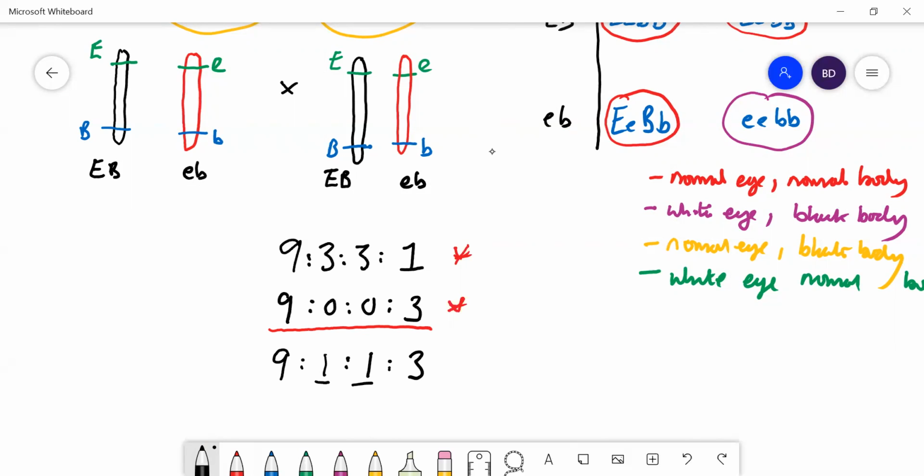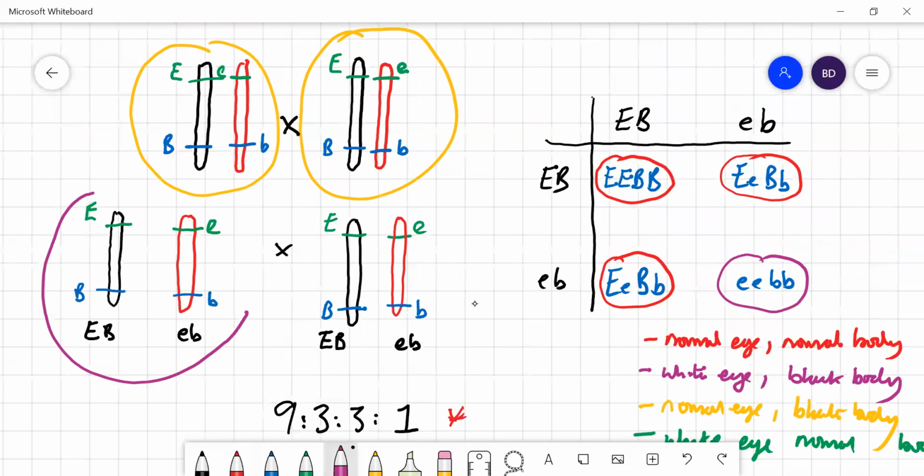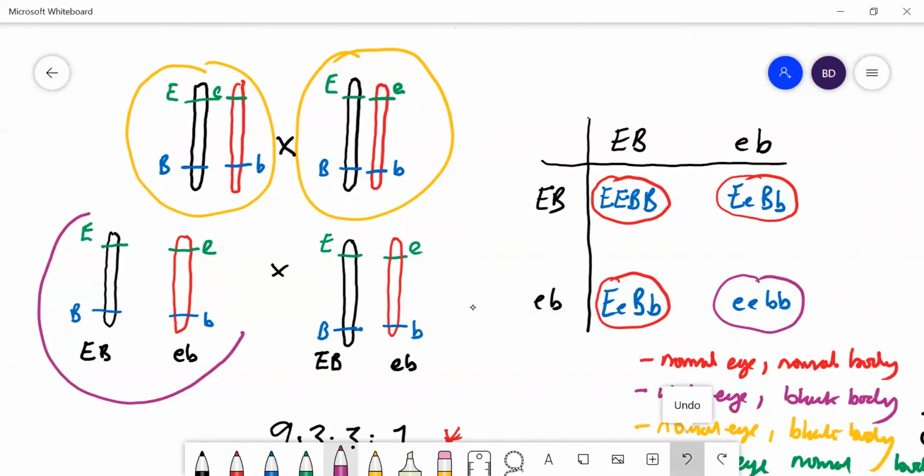Now, how could that happen? Let's go back up to this diagram. If these two genes are on the same chromosome, but they're a long way away from each other, you may remember in meiosis, you get genetic crossover occurring, where they swap bits of chromosome.